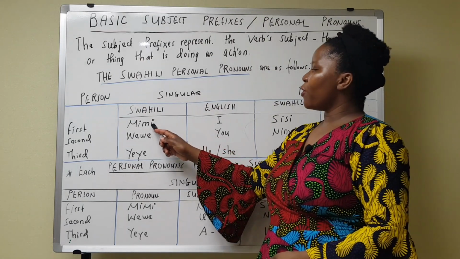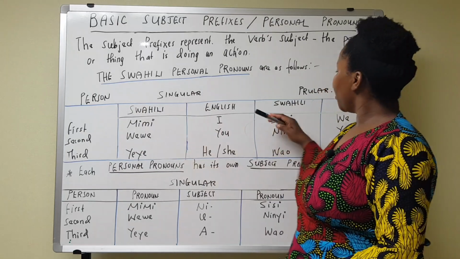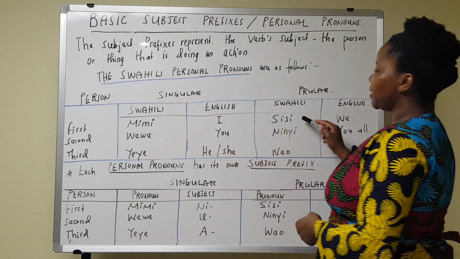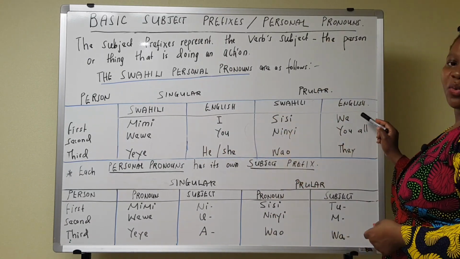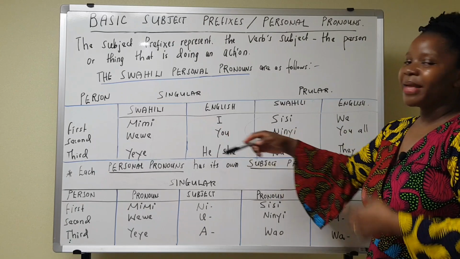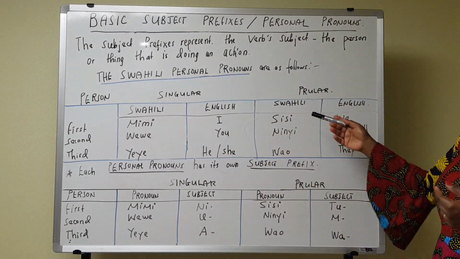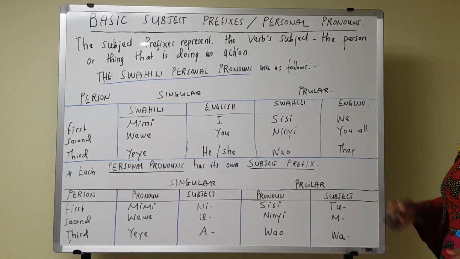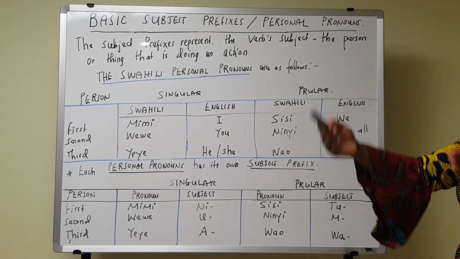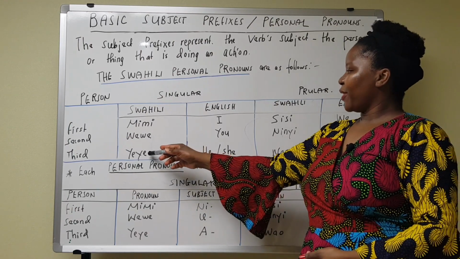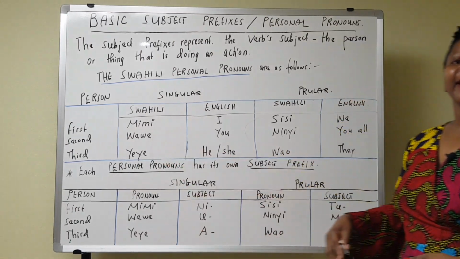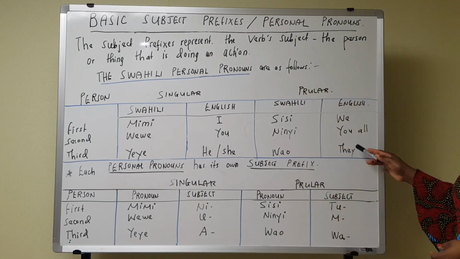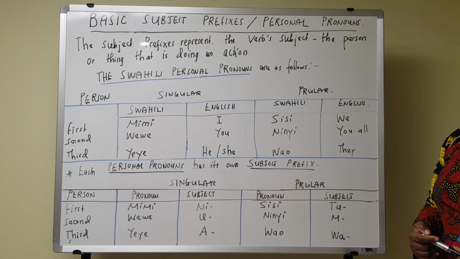So the plural of Mimi is Sisi. I, we, okay? Wewe, Ninyi in plural, you all. And the third part is Yeye, in plural Wao. He or she, and in plural, they. Okay?